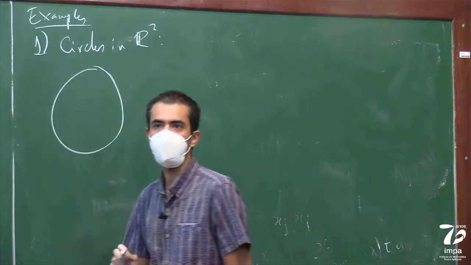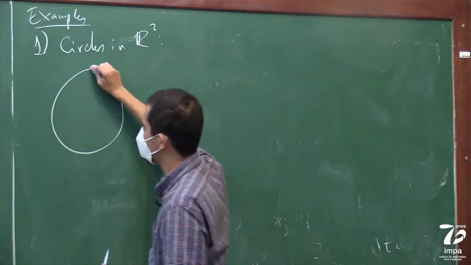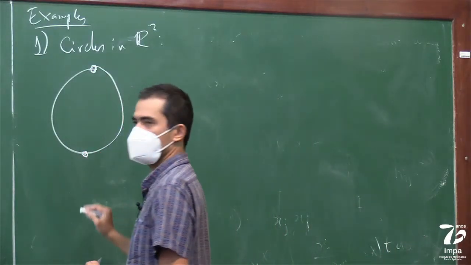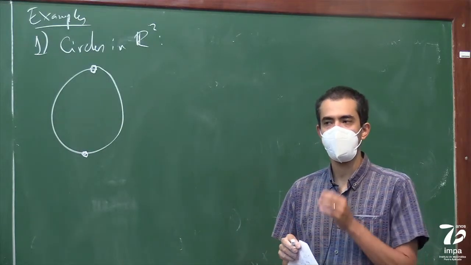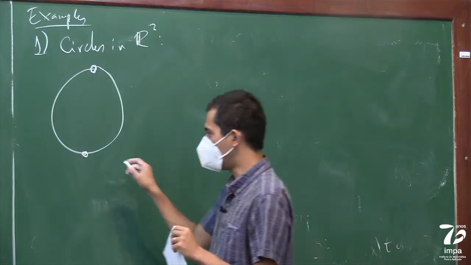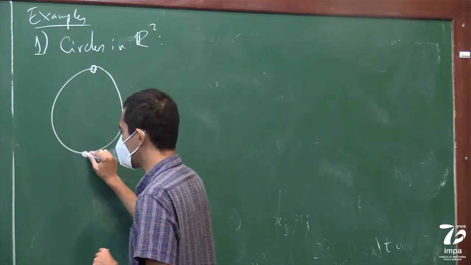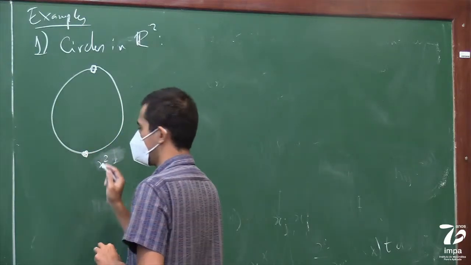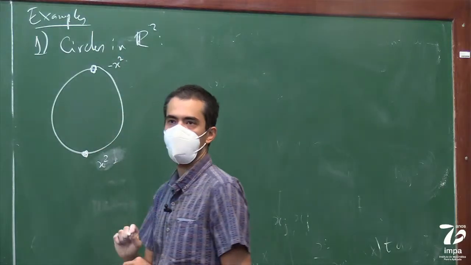So if you look at the circle with the height function, then you have two critical points, this one and this one. And it's not so hard to see that the function locally looks like x squared here, and locally it looks like minus x squared here.